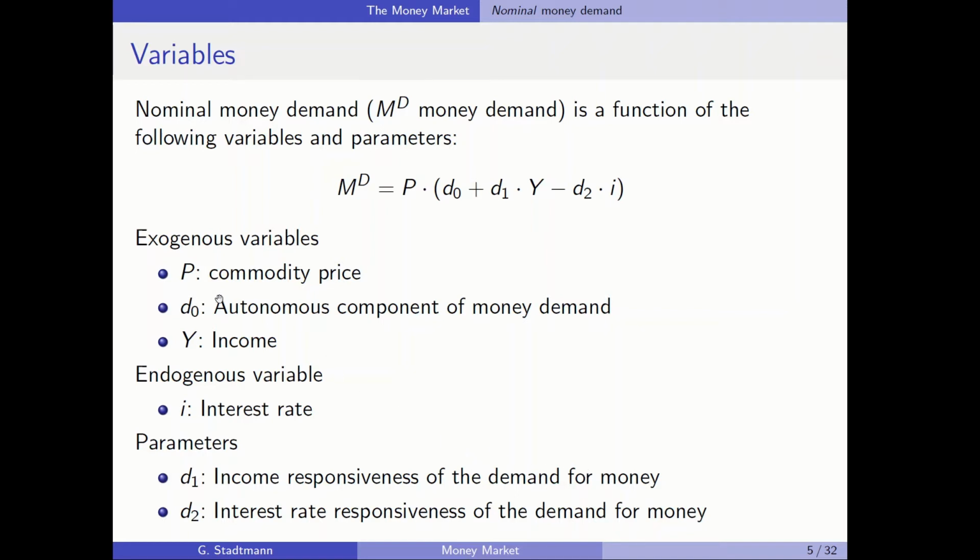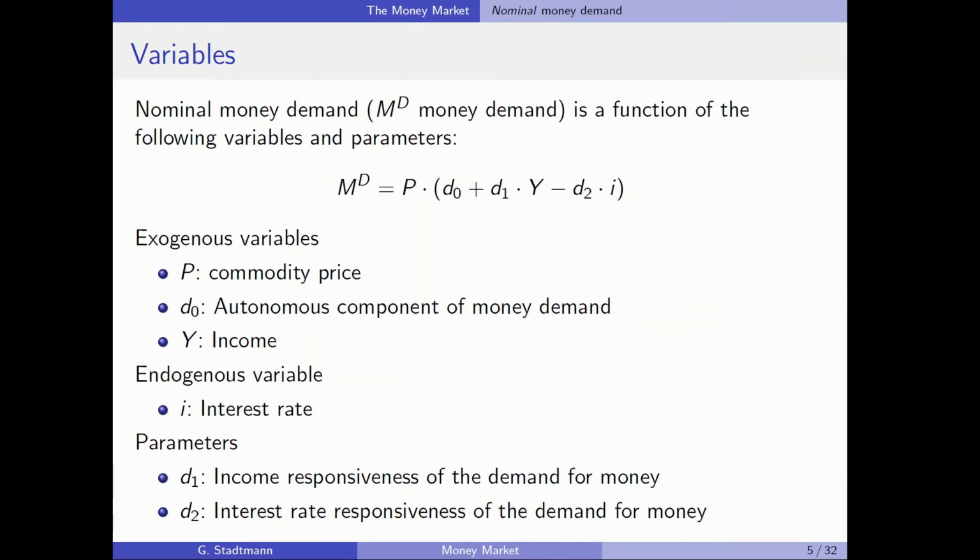P represents the commodity price, the price for goods. D0 is the autonomous component of money demand, and Y is the income variable or our GDP variable. The endogenous variable in this chapter is i, the interest rate, and then we have two parameters, D1 and D2.